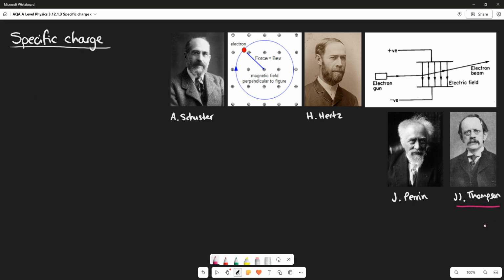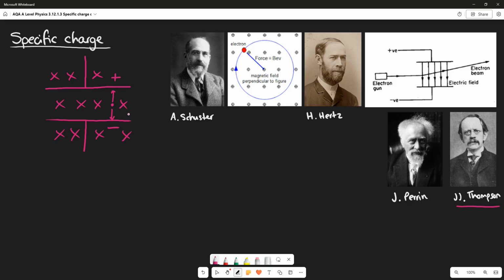J.J. Thomson combined the two experiments to get a more accurate reading. What he did was he used the electric field which would accelerate an electron upwards, and he added in a magnetic field which would accelerate the electron downwards.